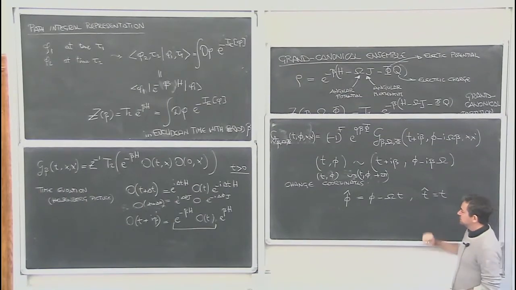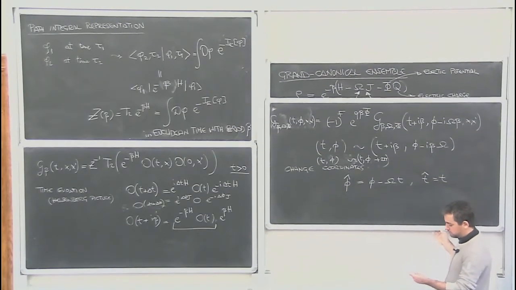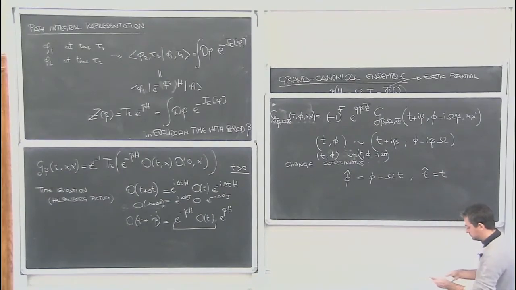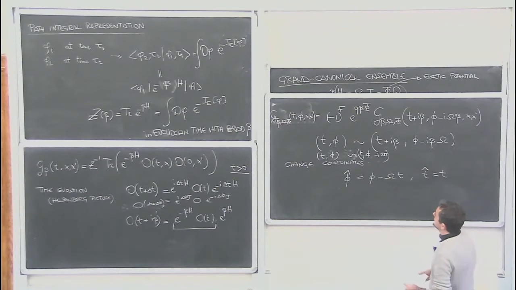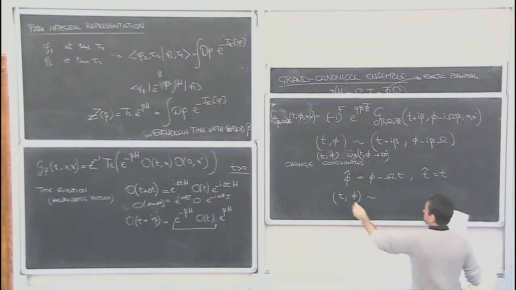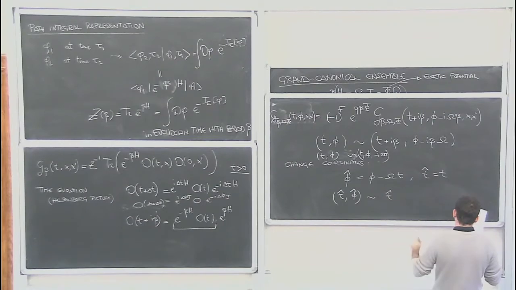But I want to do this change of coordinates because things become more neat in the new system. So the identifications that were a bit uncomfortable there become, for the hat coordinates, just t is identified with t hat plus I beta.